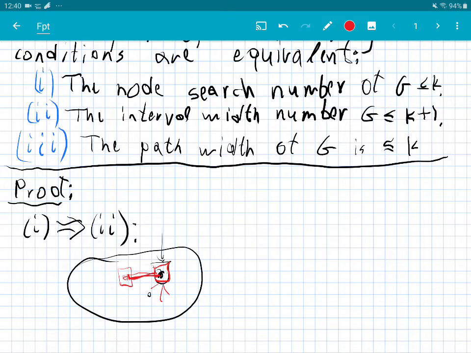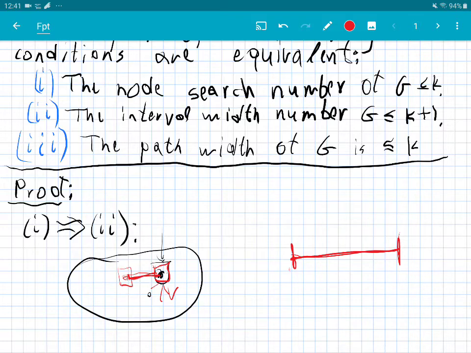In particular, for this vertex V, we can write down the interval over time when it was occupied for the first time and an edge got cleaned, and then the time when it was unoccupied immediately afterwards, and this is the interval that corresponds to this vertex, right?